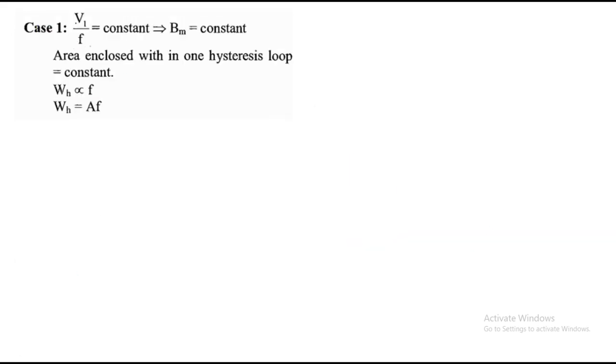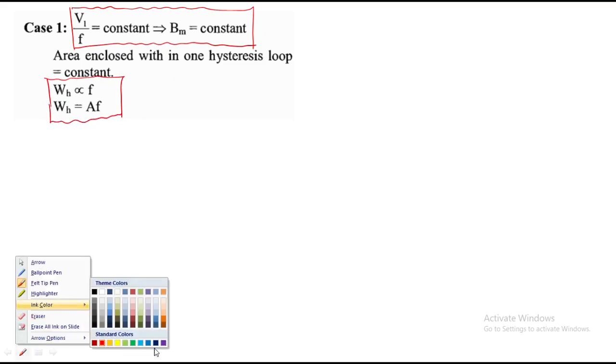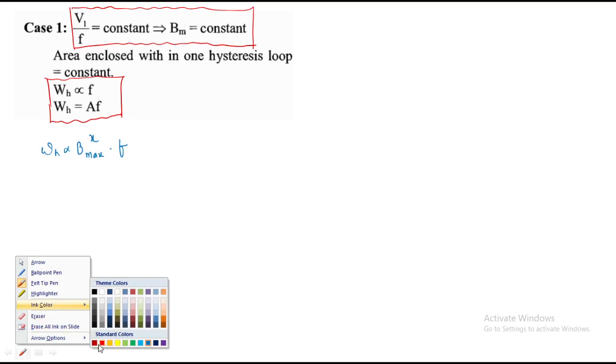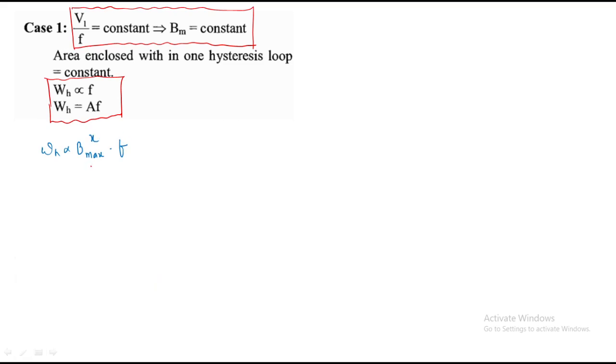If V by F is constant, that is, the voltage by frequency ratio is constant, in that case the hysteresis loss is proportional to frequency only. What is the empirical formula? We all know Bmax power x into F. If V by F is constant, obviously the value of Bmax is also constant.